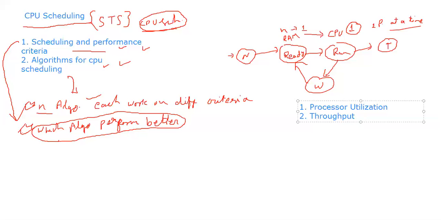Definitely your throughput will get reduced. Although your CPU is completely busy executing processes, your throughput is reduced. Not even a single process is able to complete per unit of time. So this is the disadvantage.